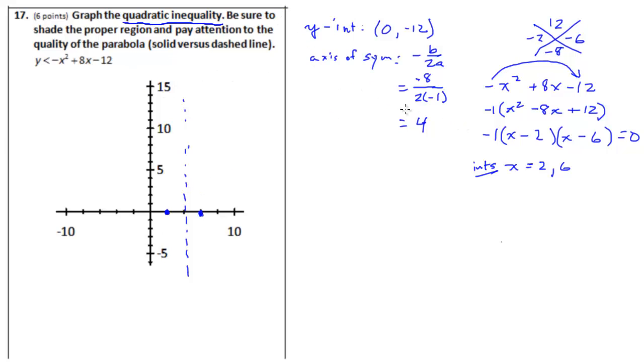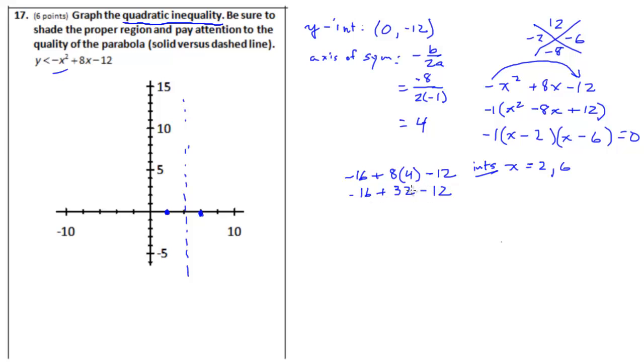Plugging in, we could plug in 4 now and go, okay, well, 4 squared is 16, so we got minus 16 for that term, plus 8 times 4 minus 12, so negative 16 plus 32 minus 12.